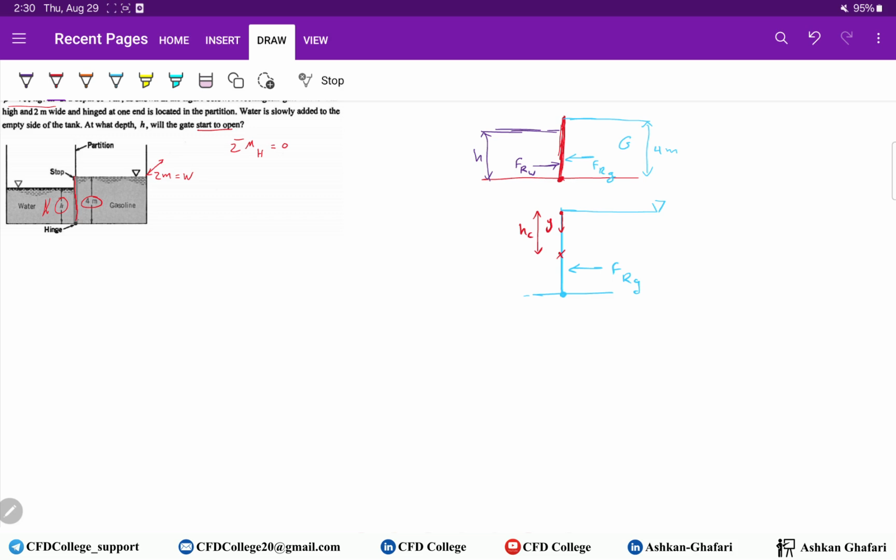And in this case, because we have a vertical gate, HC equals YC. And we have this distance YR. And now you know that since it's a rectangular gate, YR equals 2/3 of the depth. So 2/3 times 4 meters. And this distance is 1/3 of the gasoline depth.